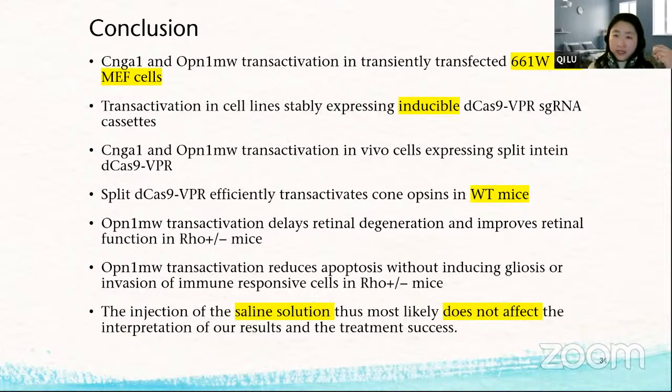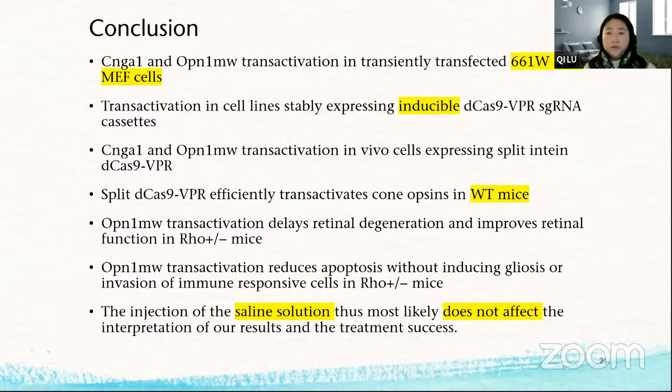And the TetR and DOX induced system can also give inducible expression in a cell line system.